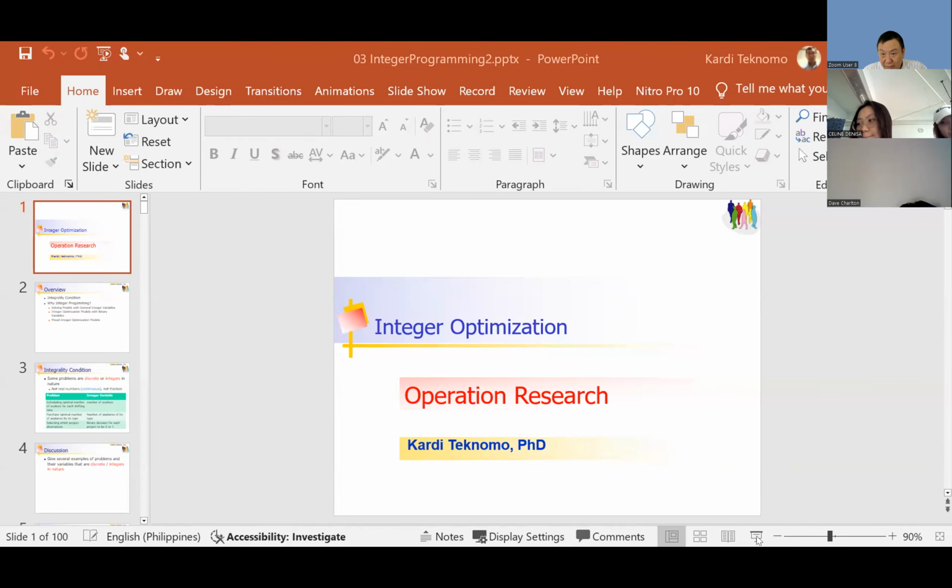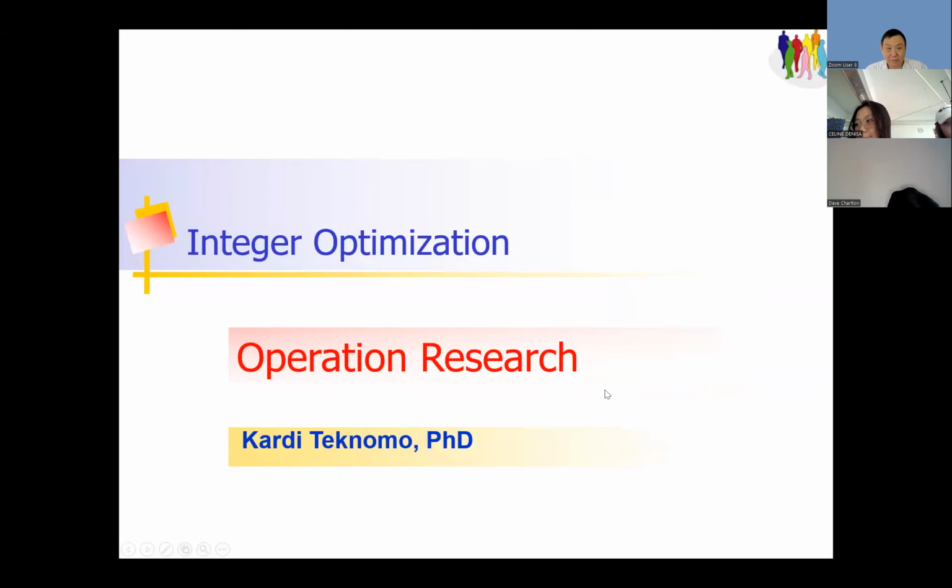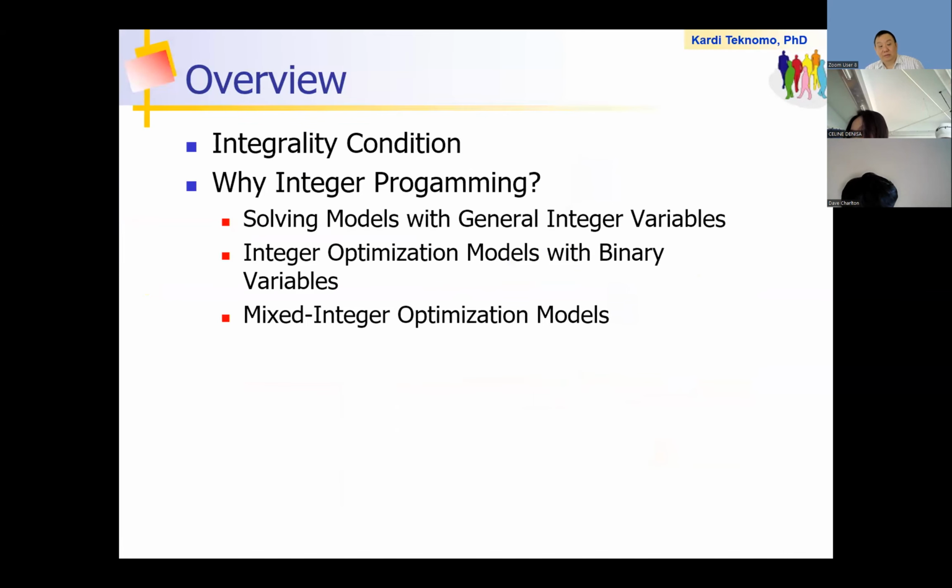So let's discuss what is called integer optimization. This is similar to linear programming, but the values are integers. What is the meaning of the integrality condition? Why do we need integer programming? And what happens if we want to solve general integer variables, binary variables, and mixed integer optimization?